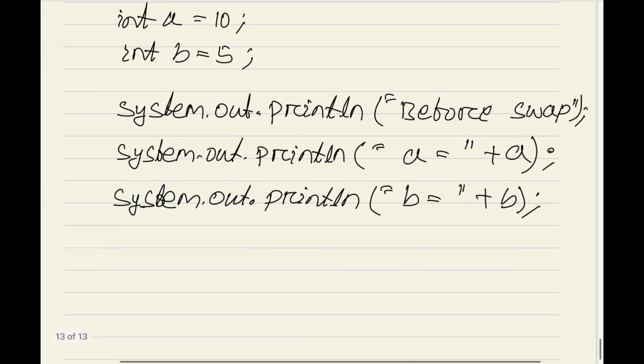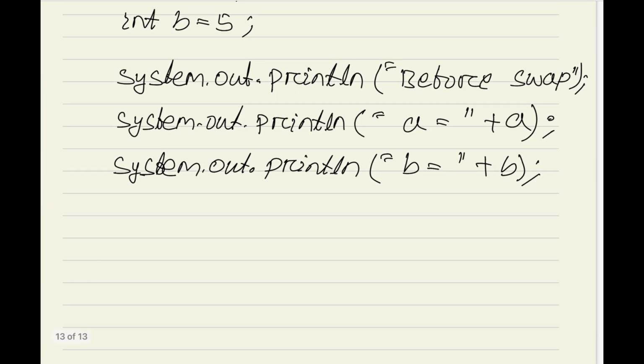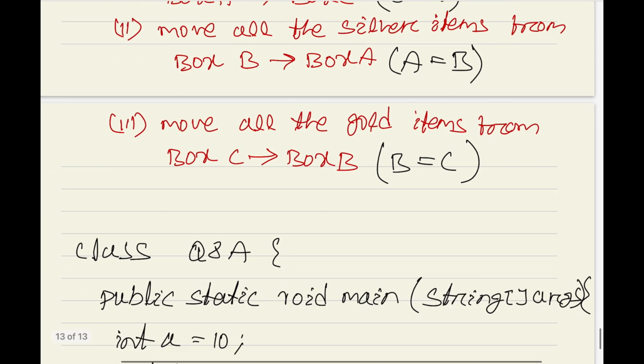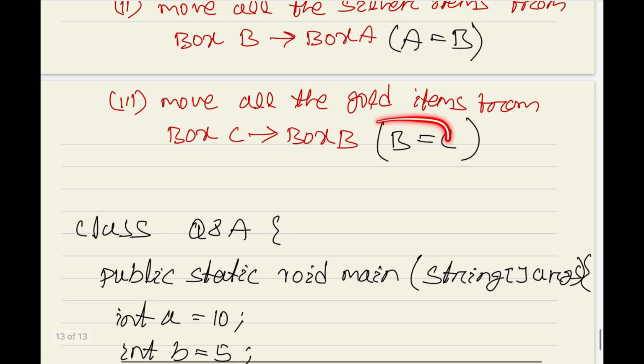For swapping I am taking a different color: int c equal to a. Here c is a temporary variable, so I am defining its type, int c equal to a, and the value of a is stored in c, like we have written here. Then a equal to b, b equal to c.